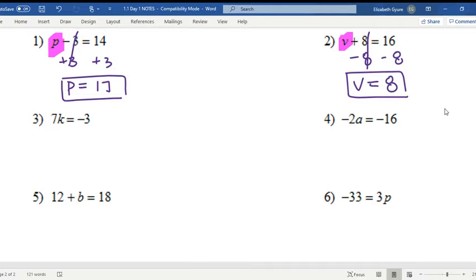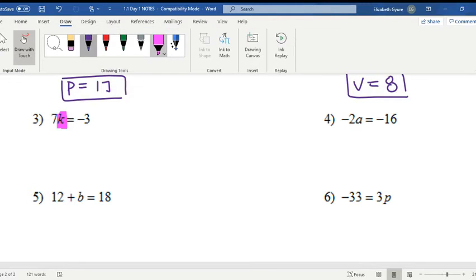Here's where if you were maybe working ahead, you might have been like, what? 7K equals -3. I'm confused. I don't see a sign there. Do you see a sign between the 7 and the K? Don't I need to get this K all by itself though?